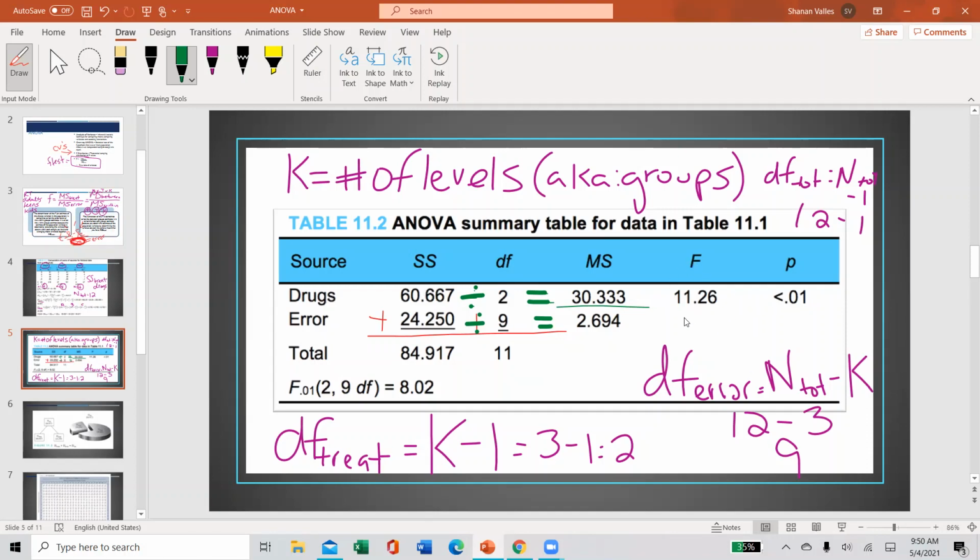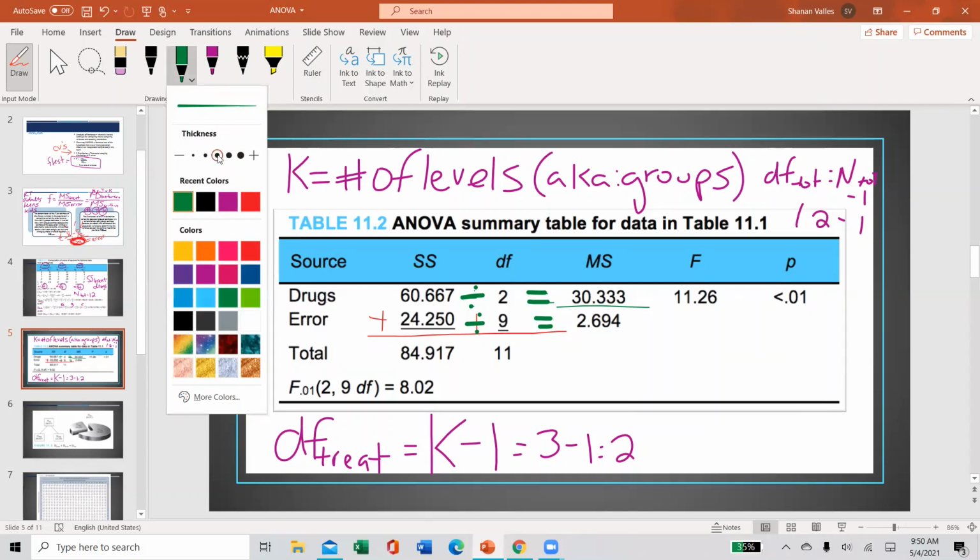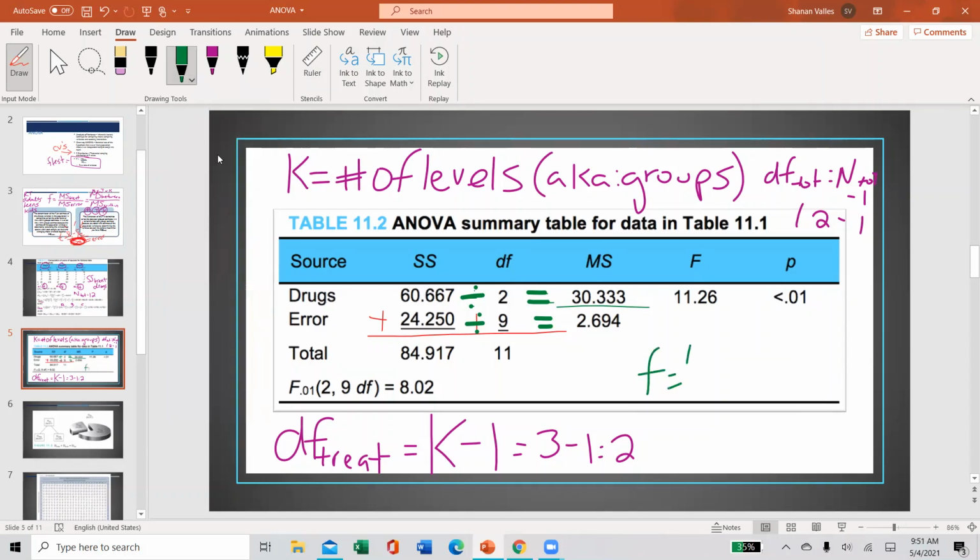And then remember how we found F in that other formula? F was equal to MS treat divided by MS error.